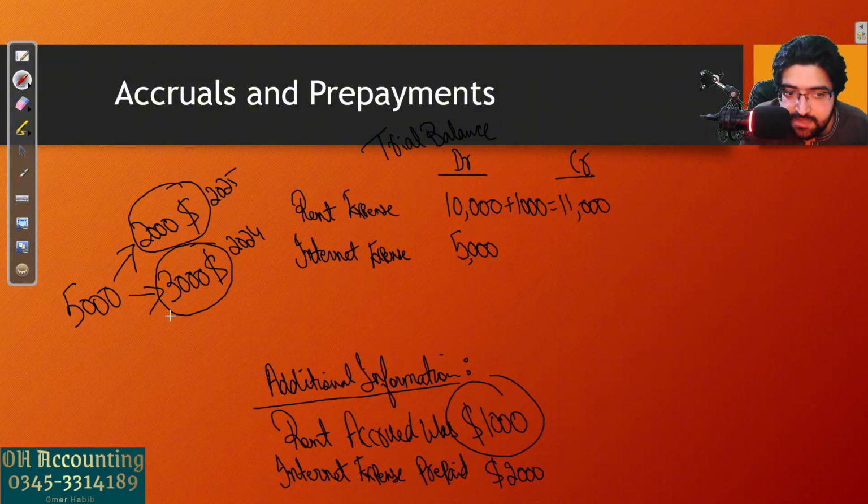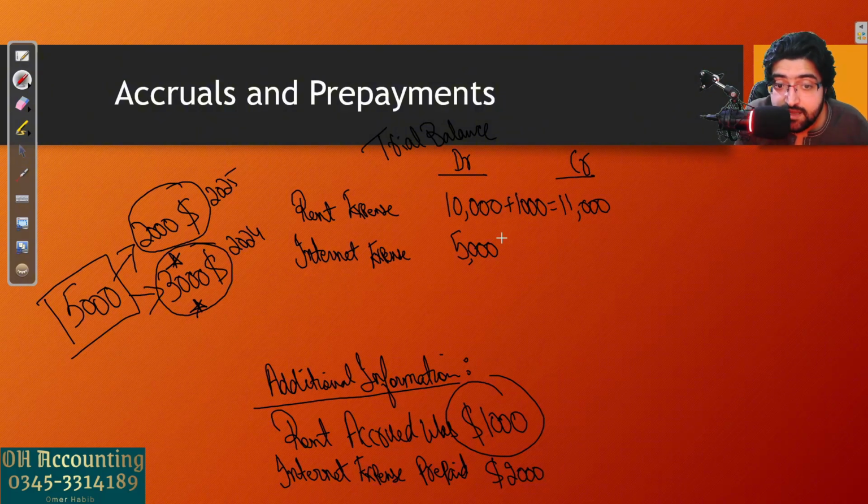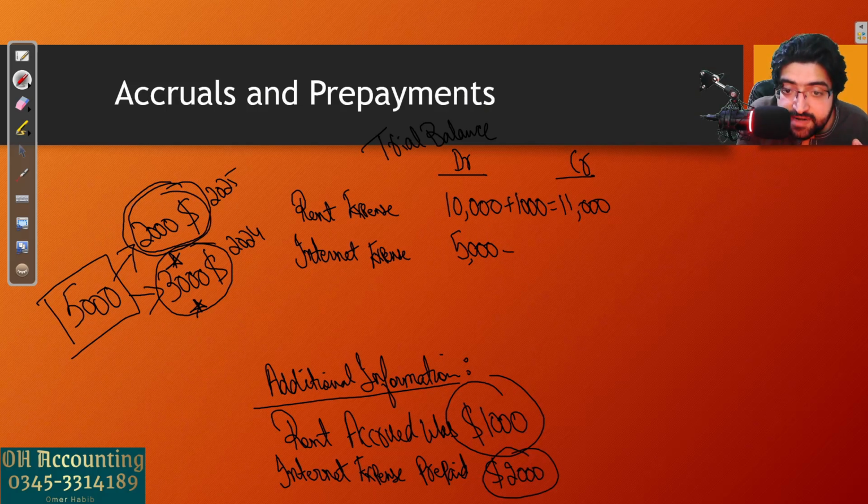So in the income statement, should I record the entire 5,000 or only the expense that relates to my current year? I have to record only the expense that relates to my current year. So any prepaid amount, which is 2,000 in this case, will be subtracted from the payment I have made, and then I will write $3,000 and put this figure as internet expense in my income statement.